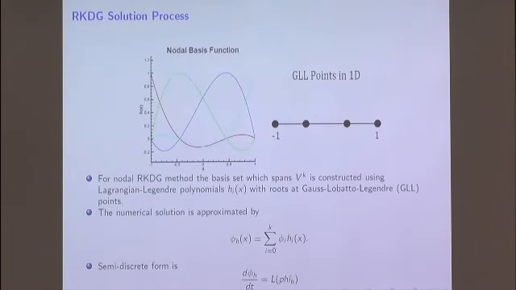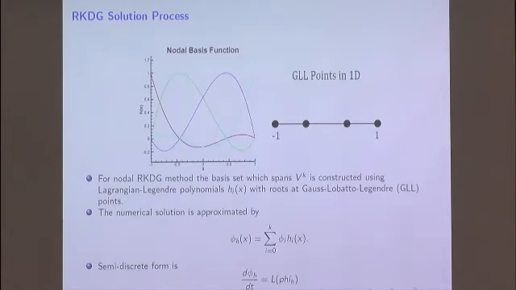Now for discretizing the element, for efficiency we use a nodal basis set, which is of this form. If I use 4 Gauss-Lobatto-Legendre points, this is the structure. It is not uniform. When the degree goes higher and higher, you can see a lot of points coming closer to the edge.